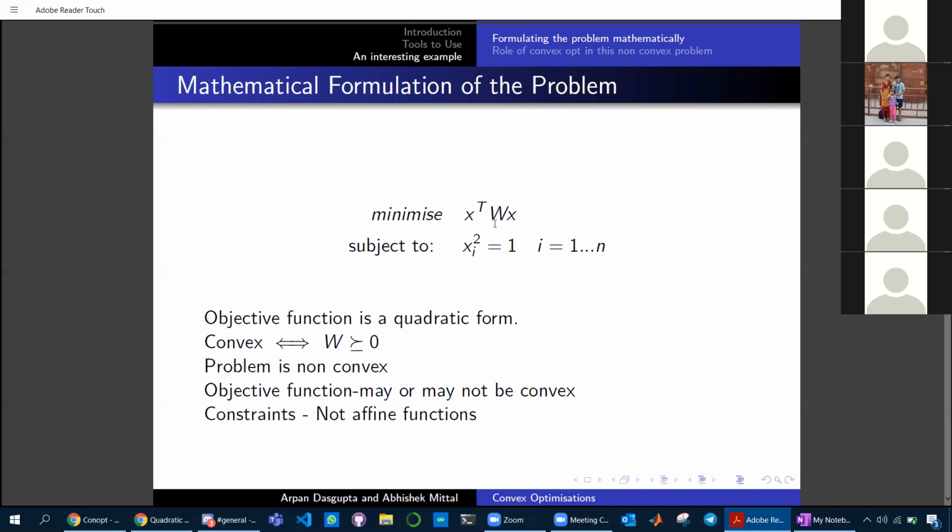Since we can't convexify this, because the convexity completely depends on our W matrix, and even if we change our constraints to somehow make them affine, we can't say for sure whether our W would be a positive semi-definite matrix or not, we're just going to assume that it is non-convex, and we'll try to find a lower bound now.